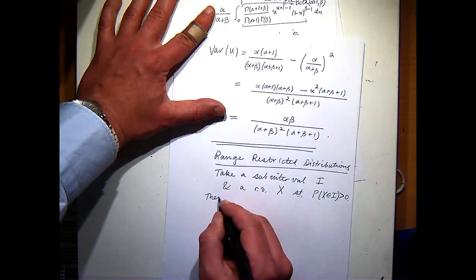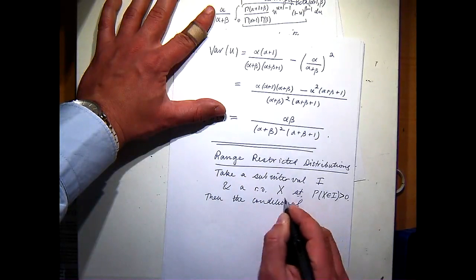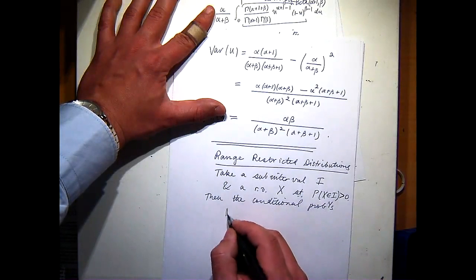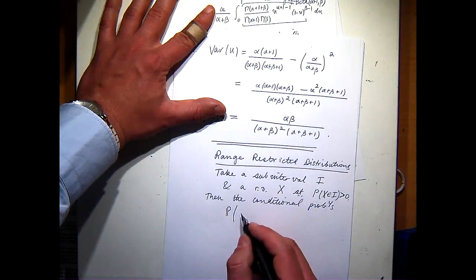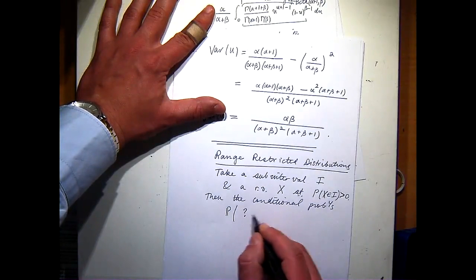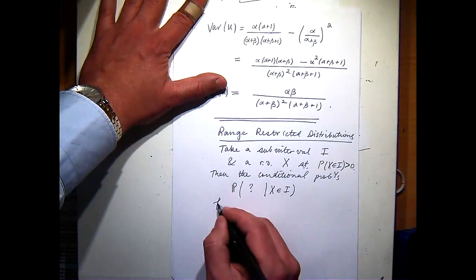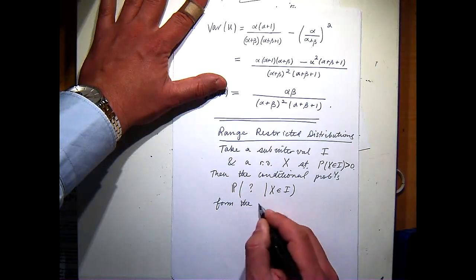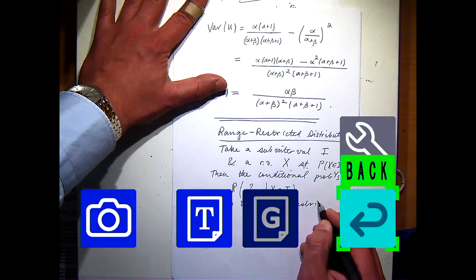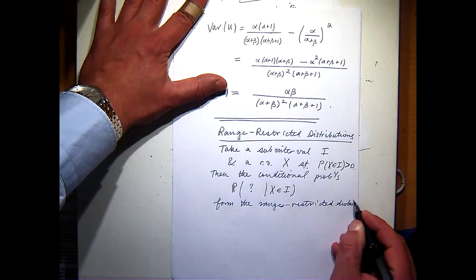Then the conditional probabilities, the probability of anything given x in that interval, form the range-restricted distribution of x.